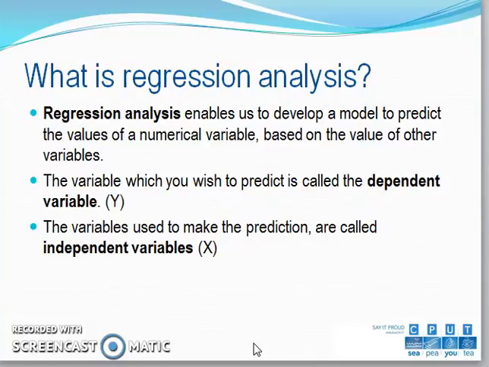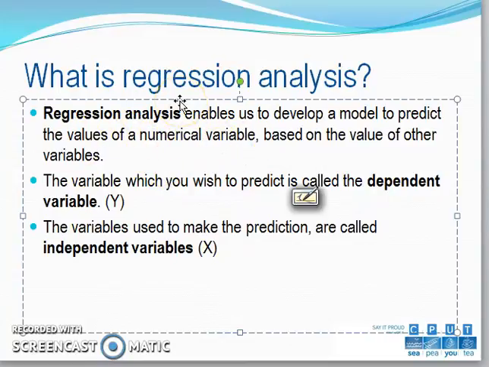In that example, the time that you spend on your work is independent, but your results depend on the amount of time. Both of those variables can be measured. I also just want to point out that it is based on numerical variables. Both of them are numerical.